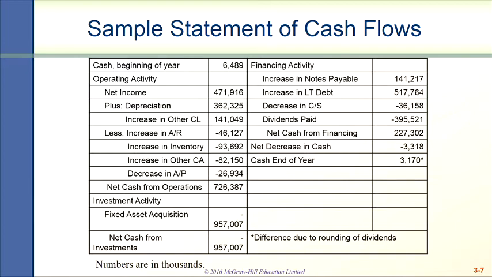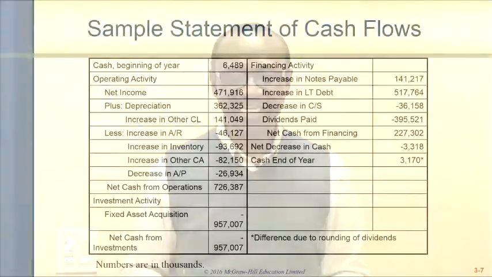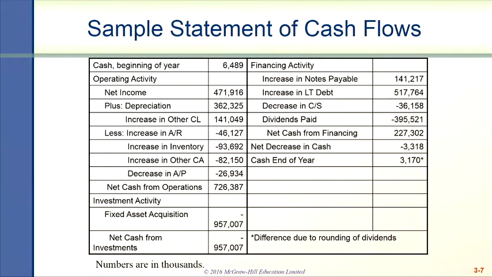An increase in account receivable means cash is going down. How do we record it? We record the effect, the impact of that. In this case, because account receivable increased by $46,000, it decreased the cash that comes into the company. And that's why, even though it's an increase, we report it as a decrease. So an increase in account receivable means a decrease to cash.